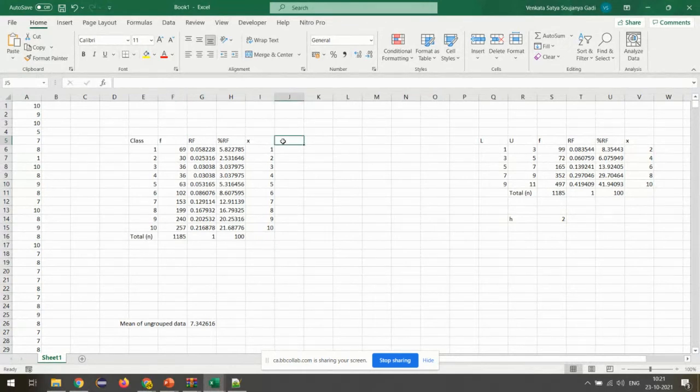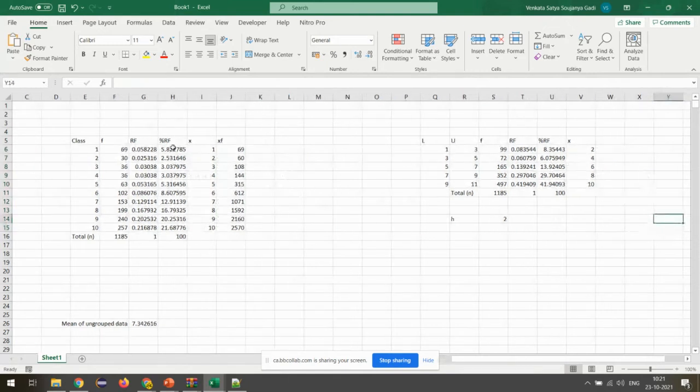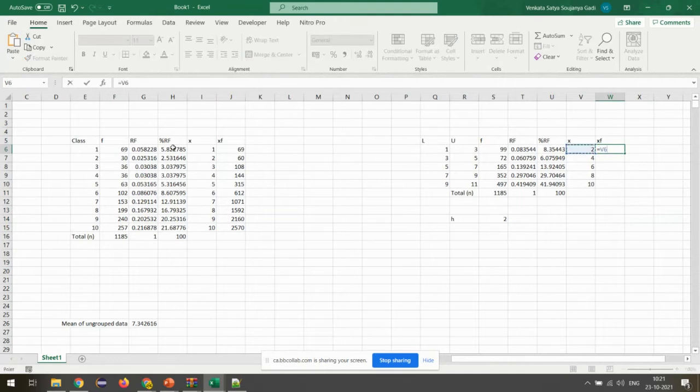So what we want to do is multiply x and f. x times f gives 69. Let's do it for the whole data, which gets me this. And I'm going to do this for the other data too.